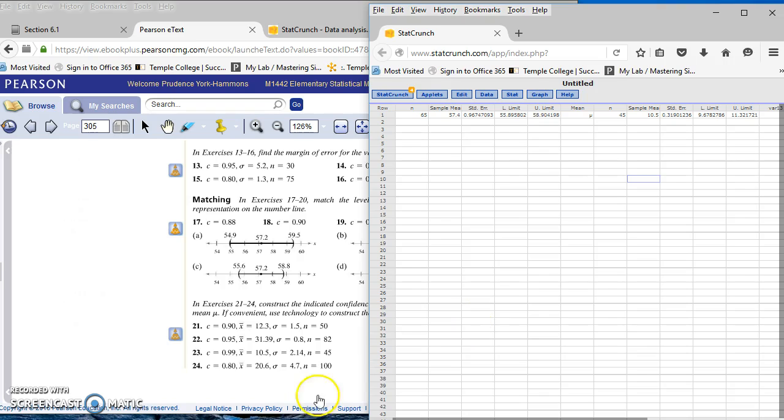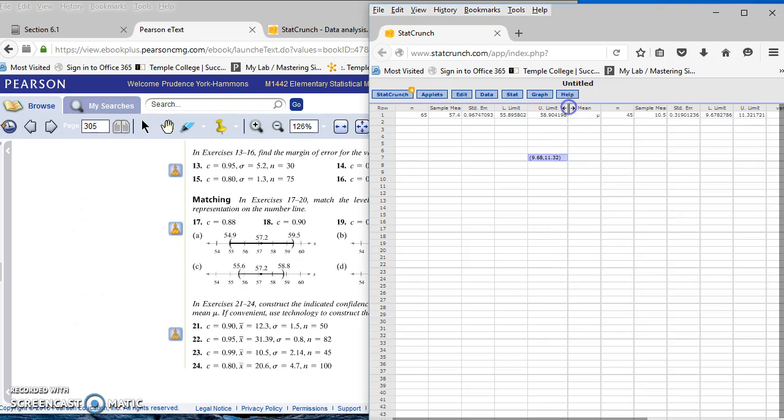If you had to write the confidence interval, you'd actually write it with parentheses, 9.68, comma, 11.32, and close the parentheses. So you'd see something, I'm going to enlarge that a little bit so you can see. You would see something that looked like, and it's interval notation. The lower boundary is 9.68, the upper boundary is 11.32.